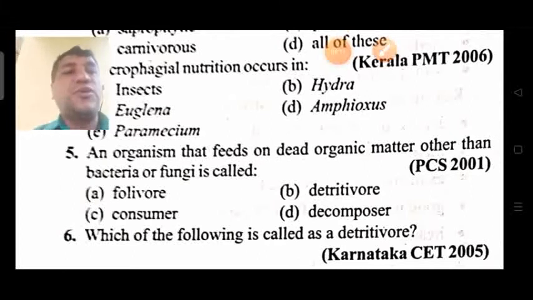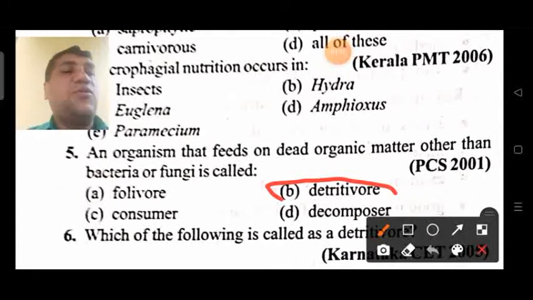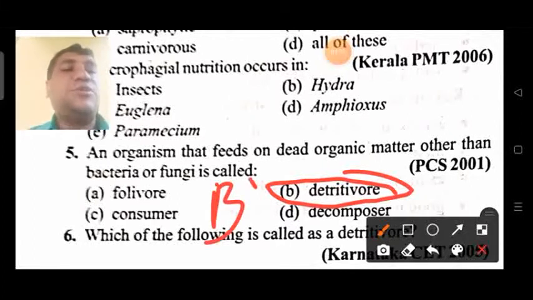A consumer is one which takes food. So here, an organism feeding on dead matter other than bacteria is called a detritivore. A detritivore is itself a decomposer organism here. So detritivore is the answer for this question. Option B is the right option.